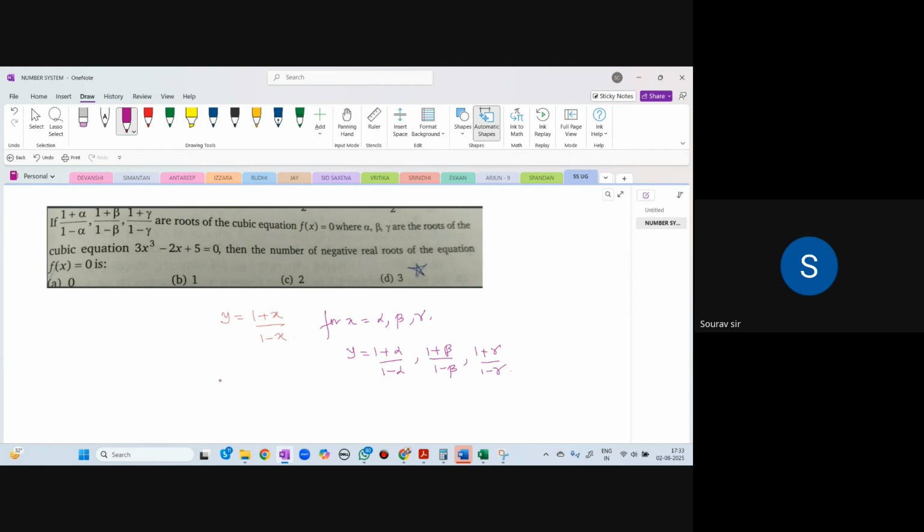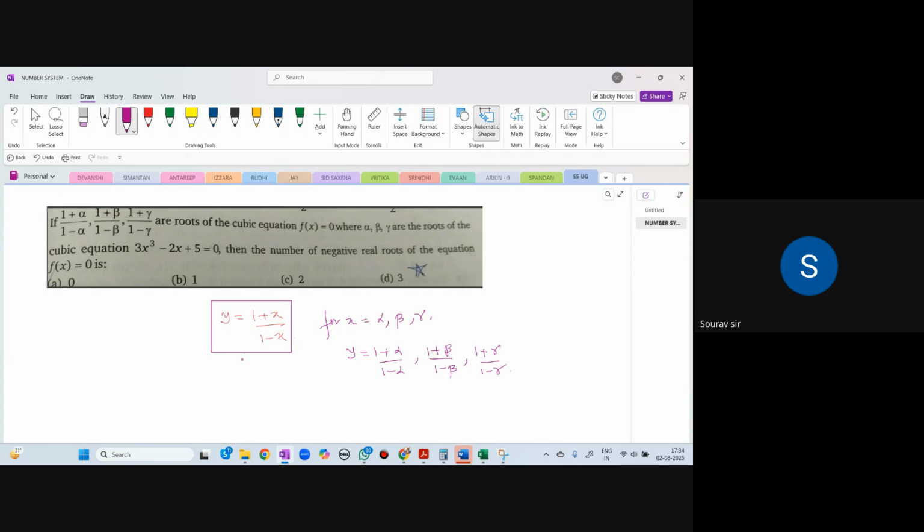So that means the roots that we are talking about, 1 plus alpha by 1 minus alpha, 1 plus beta by 1 minus beta, and 1 plus gamma by 1 minus gamma, will be the roots of the equation in Fy that we will get by using this transformation. This is called transformation of equation.